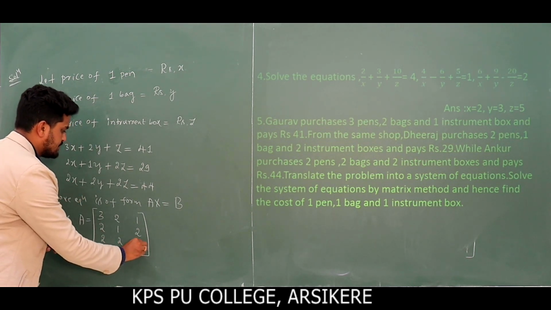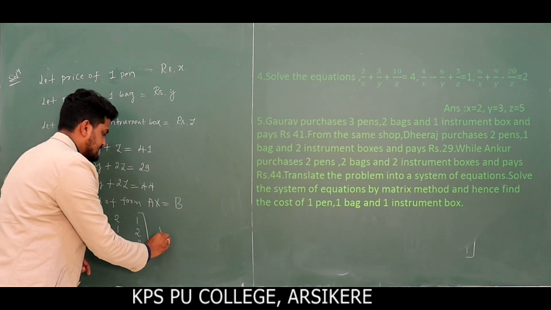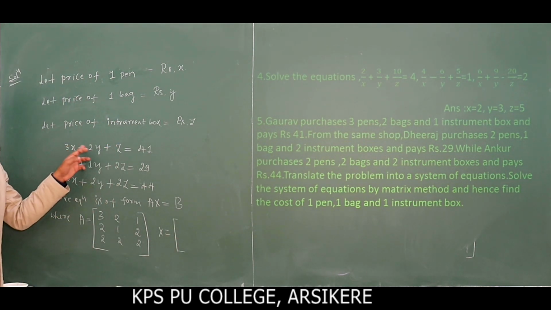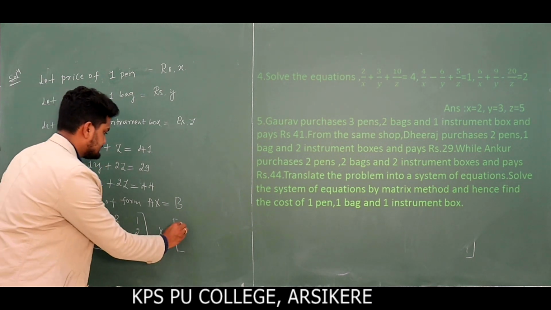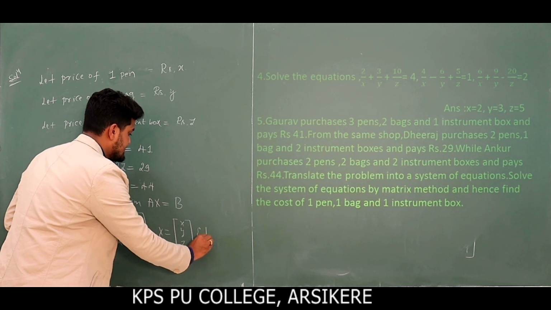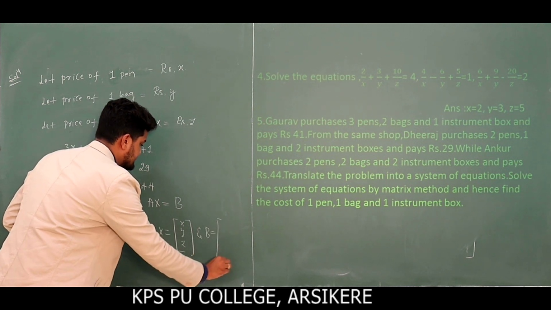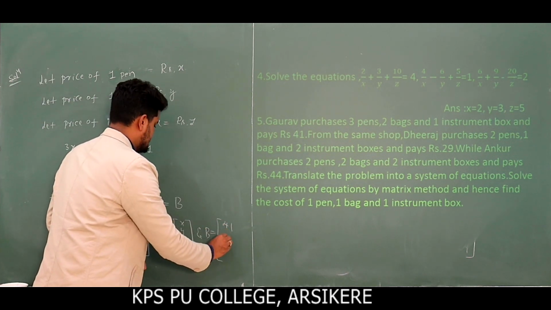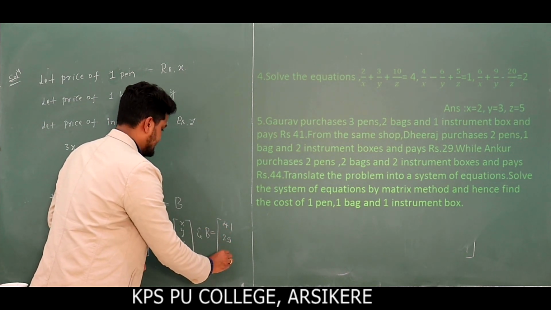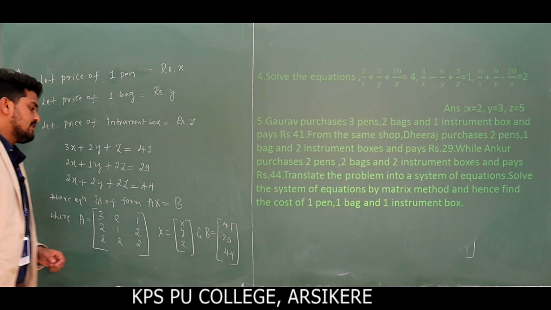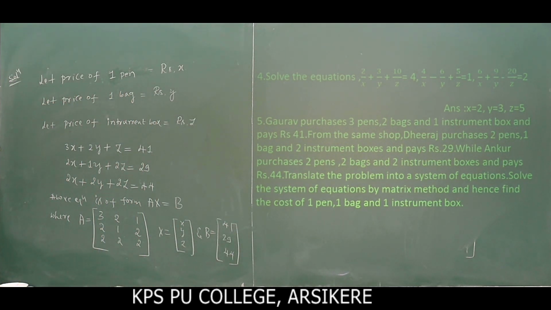X is nothing but the 3 variables x, y, z, and B is nothing but the constant terms: 41, 29, 44.